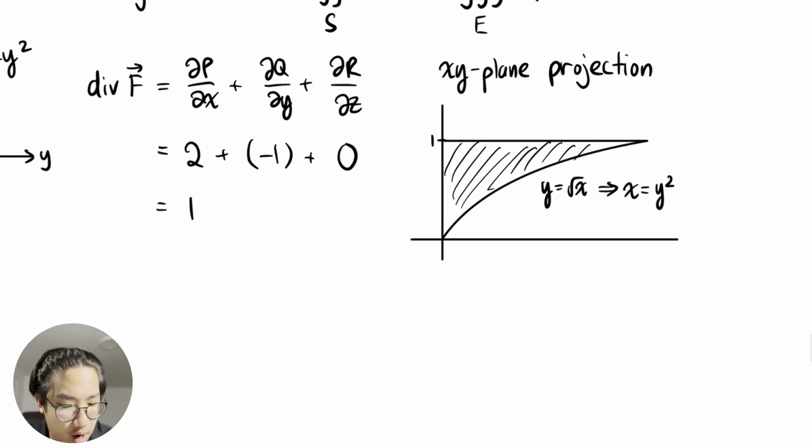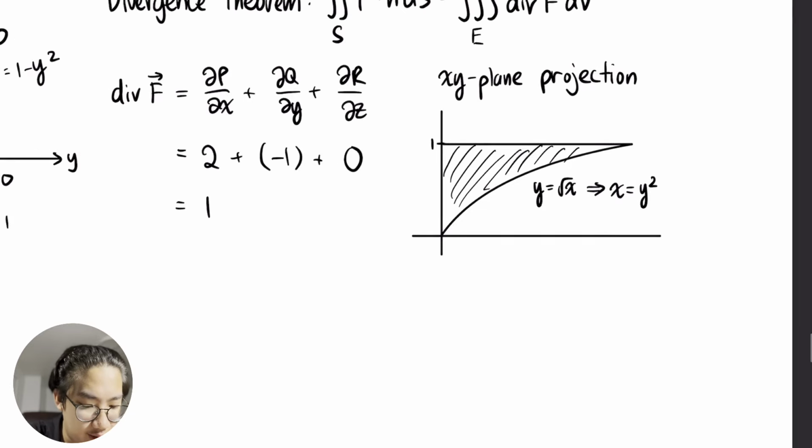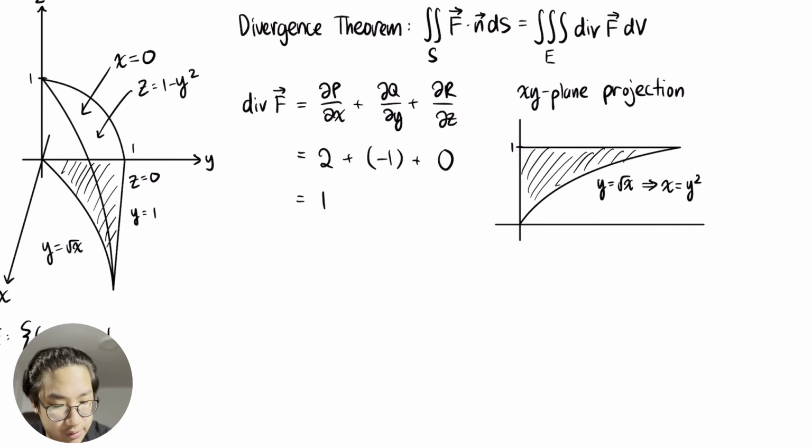I just go with the quantification the instructors use, seeing this as a type 2 region. So you're squishing your function between two constant y values, and then you're writing x in terms of y. So let's go with that.